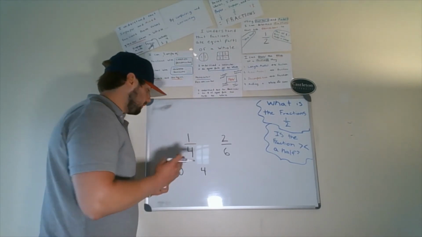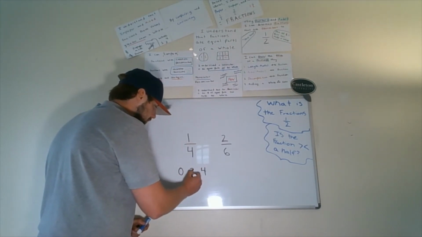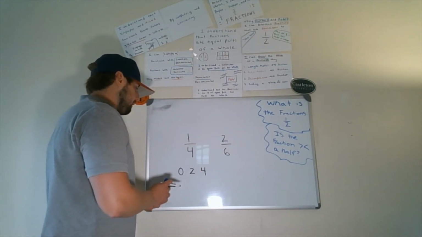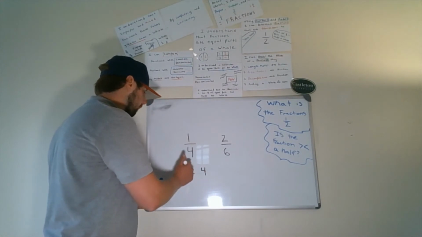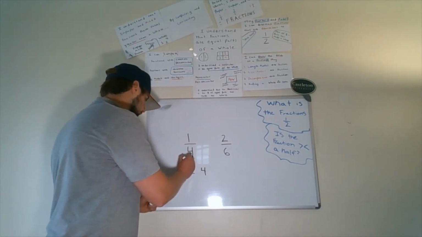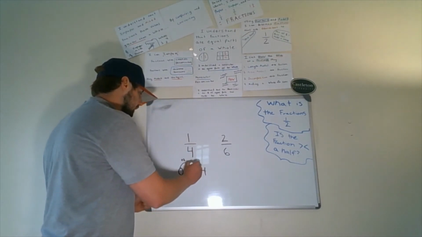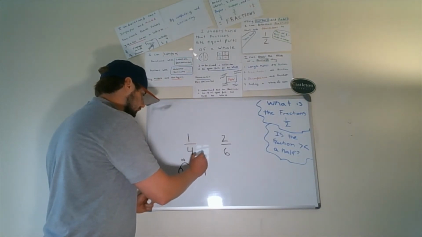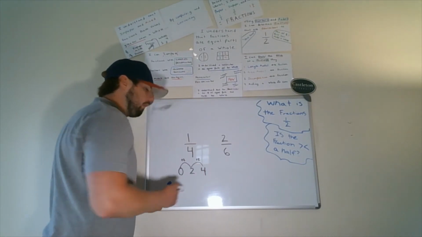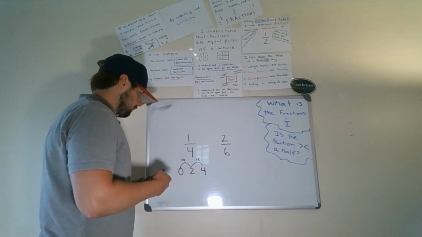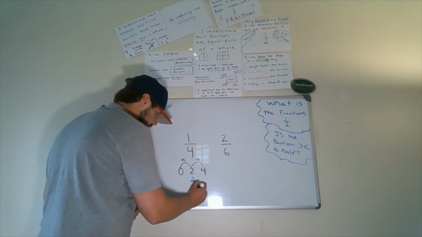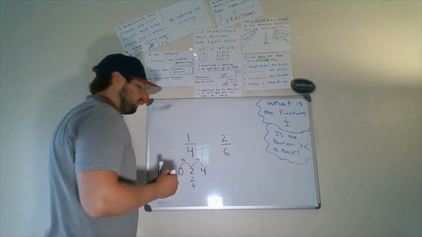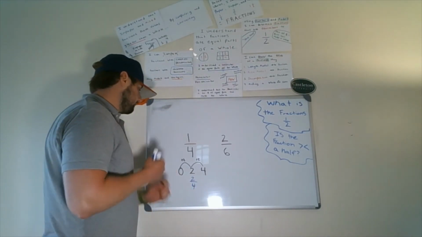What are the parts? I know 2 is in between, is the middle of 0 and 4. There are 2 parts between 0 and 2, and there are 2 parts between 2 and 4. So, 2/4 is the half of fourths.